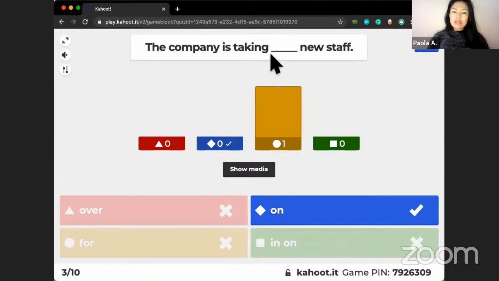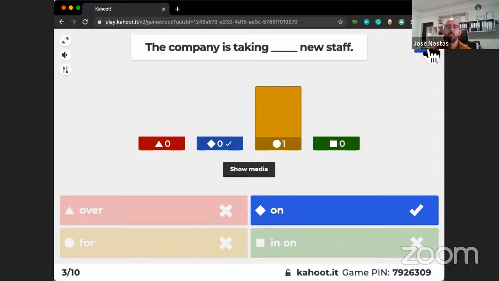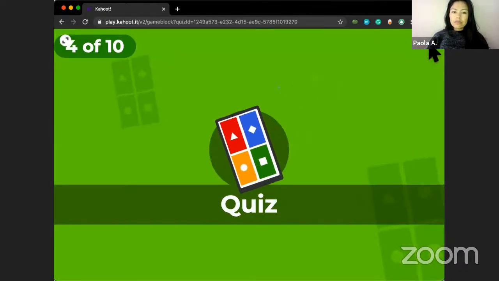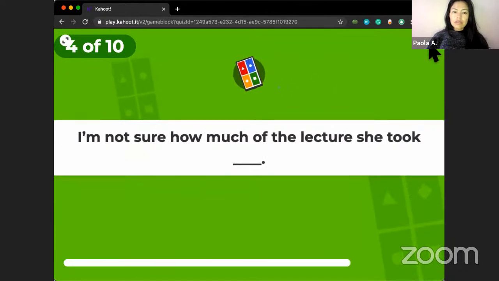It's talking about getting new people, or hiring new people. It's like getting something new, of anything. In this example, new people.